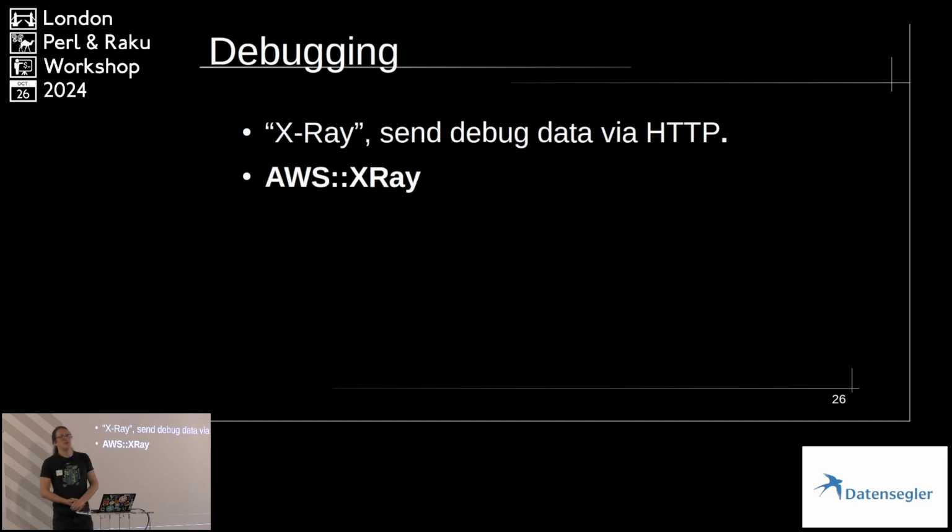Debugging wise, you can just fire off debug data by HTTP to an Amazon endpoint, which you can do manually. I've done that, works very nicely. It isn't too hard, but if that's too much faff, there is Amazon AWS X-Ray as well, which assembles your requests. You can then look at it in the Amazon console and debug it as if you were debugging, I don't know, say a node application, same arrangement.